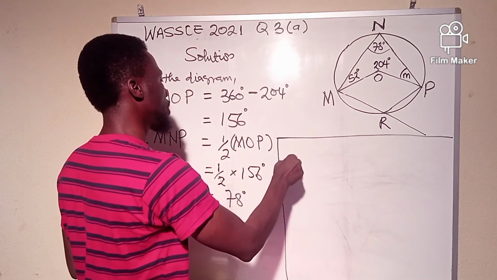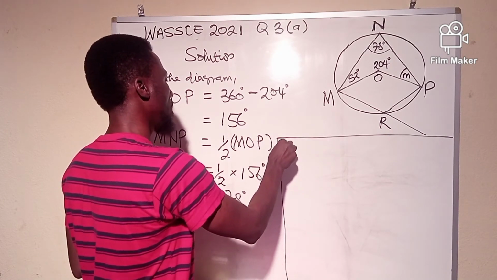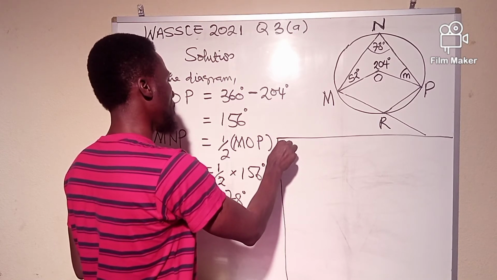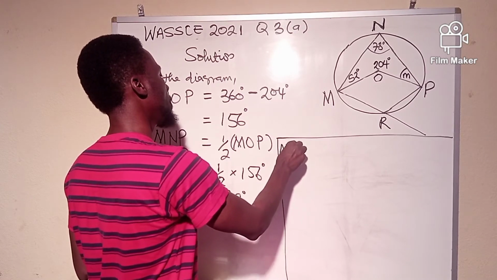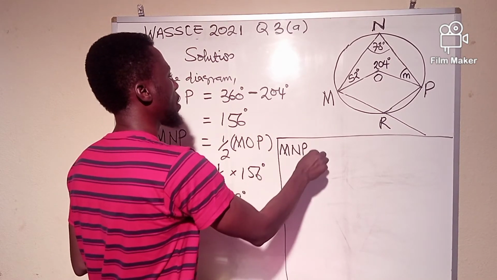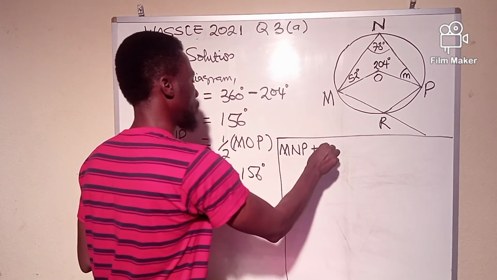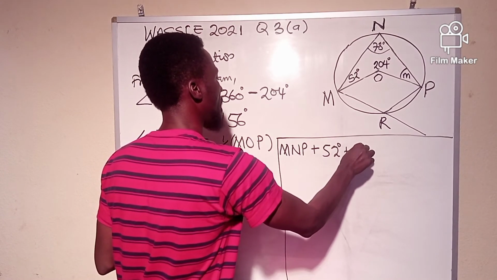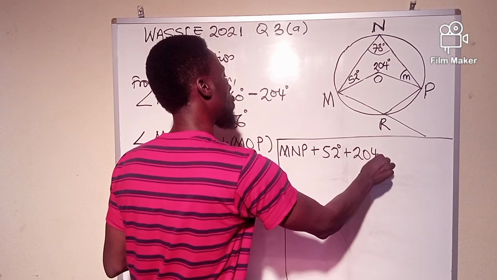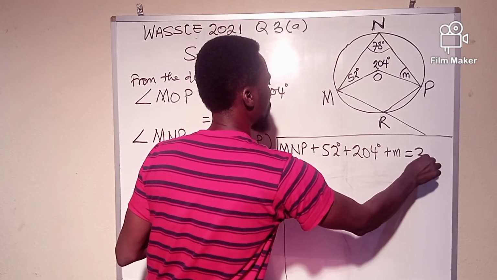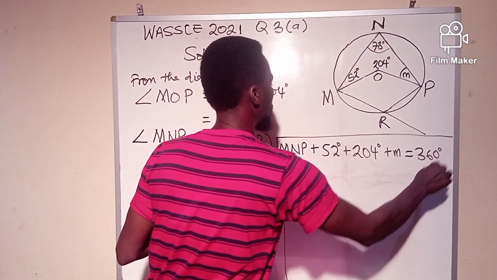So what we're going to say is that MNP plus 52 degrees plus 204 degrees plus M will give us 360 degrees.